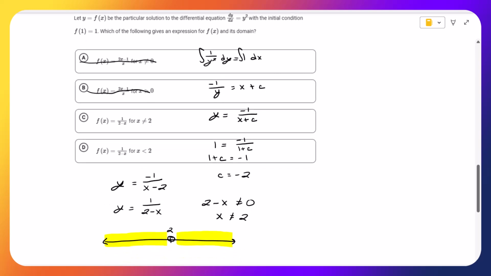So which side of this follows our initial condition, where our initial condition is x is 1, so that's going to be here. So our solution is this part right here, because we can't cross this gap where we're not differentiable, and that would be D.